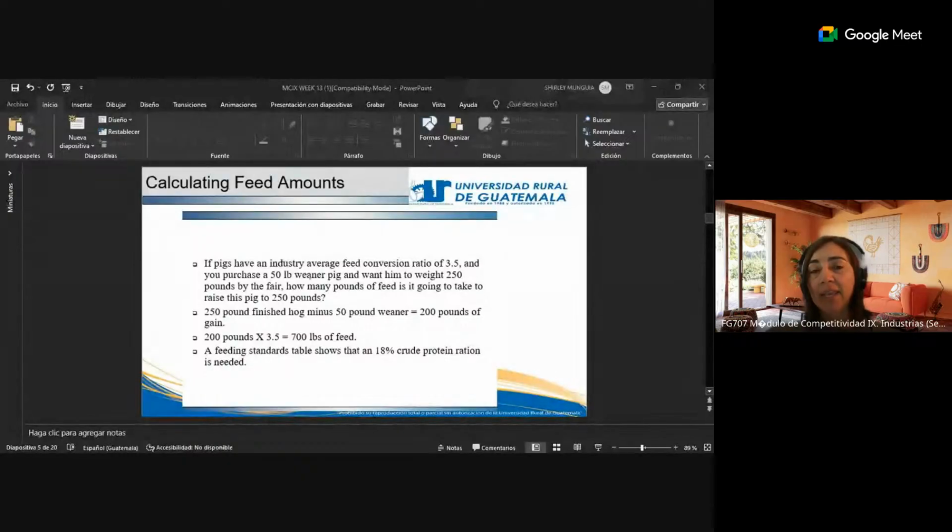Remember that for every food we have several types of conversion ratios. The average is 3.5 for the feed conversion for pigs. So we're going to multiply this 200 by 3.5. So we need 700 pounds of feed for this little pig, so that the pig can weigh 250 pounds.